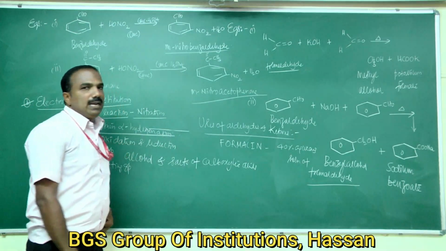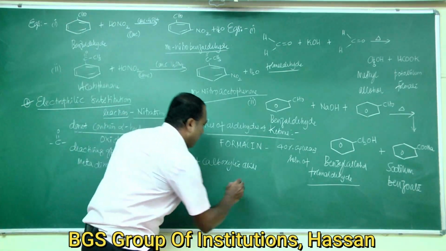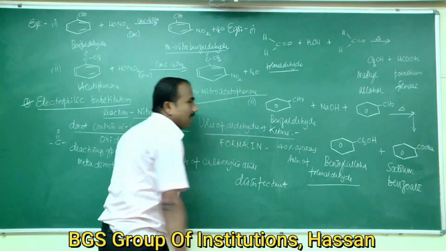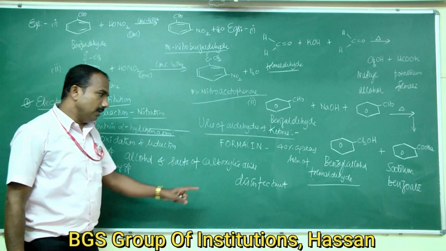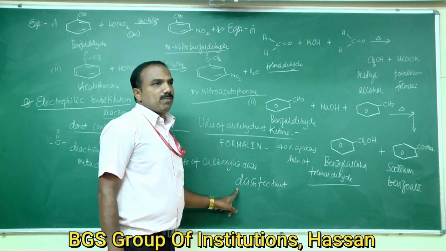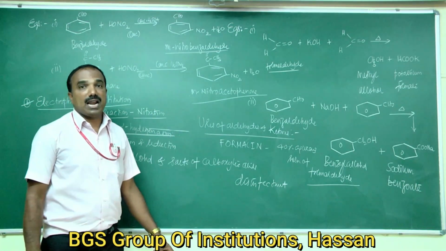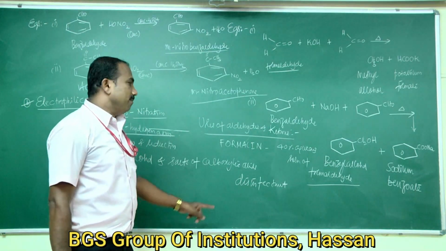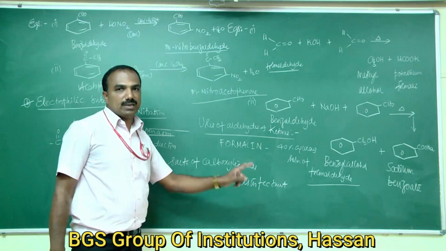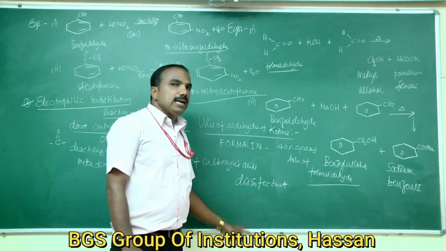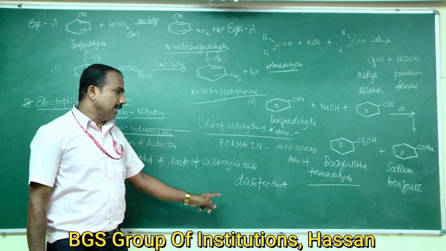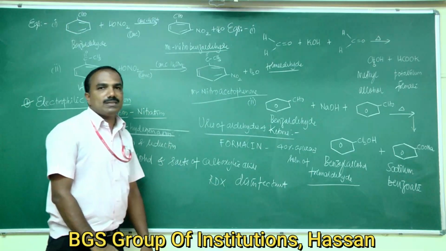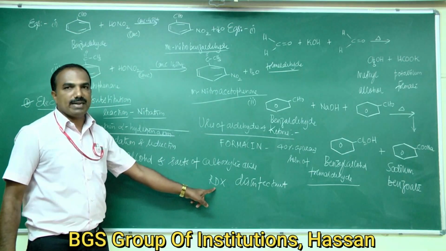Second, it is used as a disinfectant. It is used in sterilizing surgical instruments. Next, it is used in the manufacture of dyes. Next, it is used in the manufacture of explosives such as RDX, research development explosives.